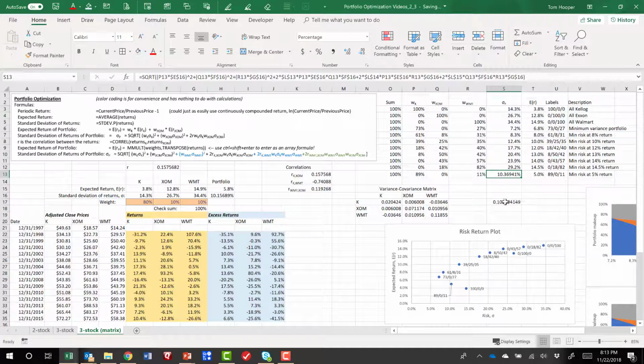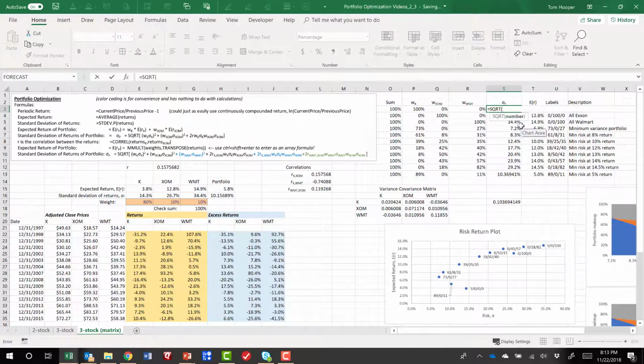So if we put the appropriate dollar signs on this, then we can copy it up and down the column. So let's enter it one more time up here. It's the square root of the matrix multiply of the weights with the variance covariance matrix, and we'll put dollar signs on that, with the transpose of the weights.